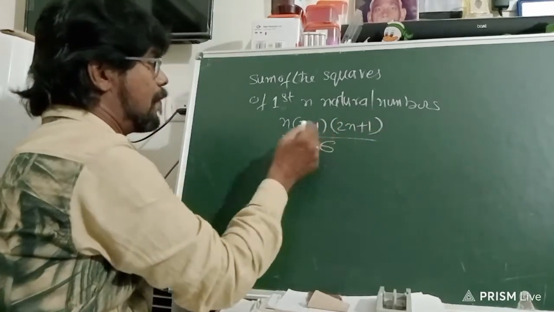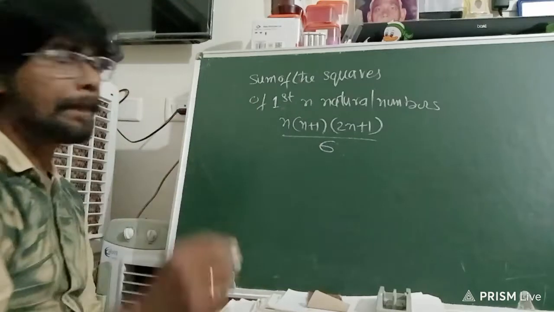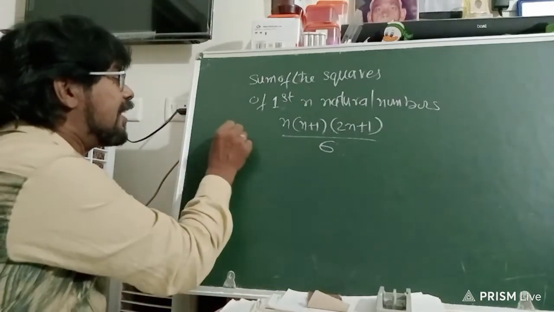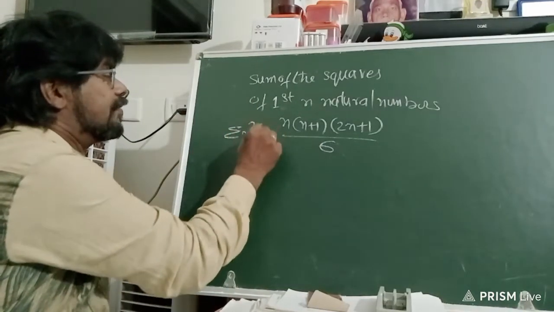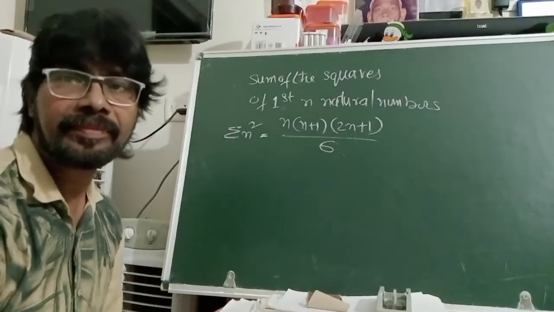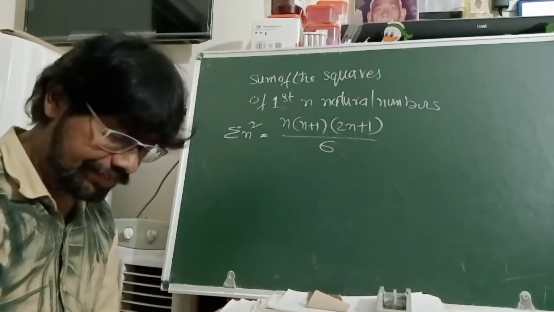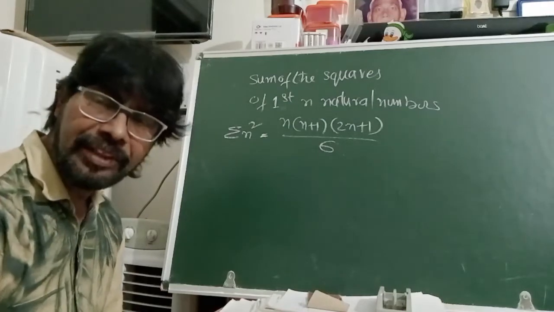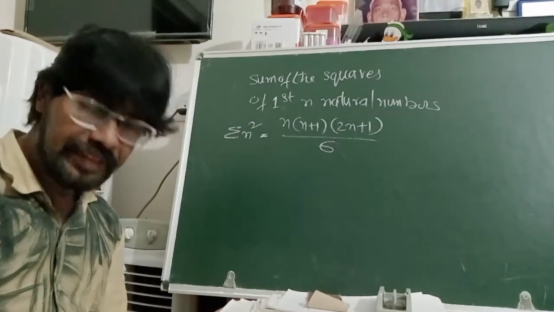This is the formula. You can write it as sigma n square, where n is the natural number. So sigma n square is n into n plus 1 into 2n plus 1 by 6. That is the formula.